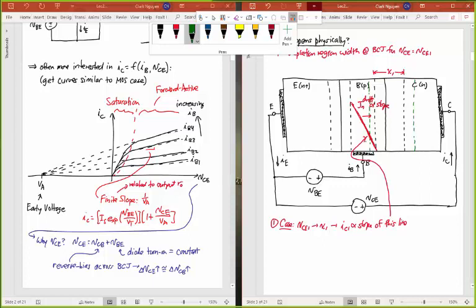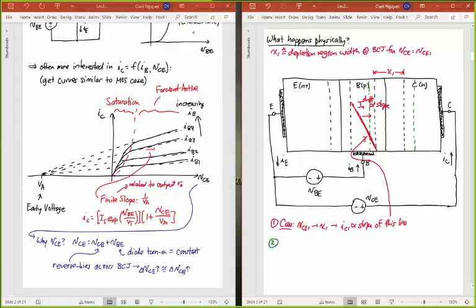Let's take a case, and here's where I come in with green. Let's take a case where I increase that voltage across the collector emitter, which means increase the voltage across the collector base. So say I increase VCE so that I go from VCE1 to VCE2, where VCE1 is less than VCE2.